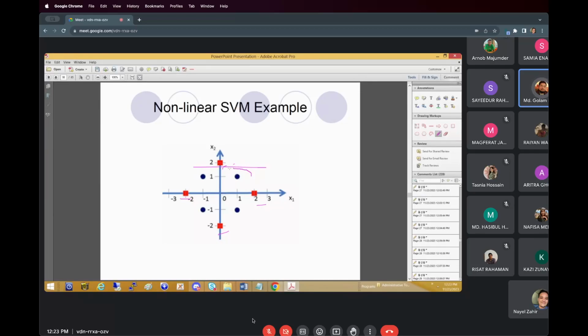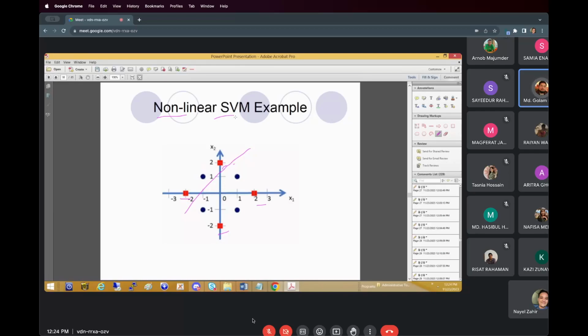So we can draw a curve instead to select the positives from the negatives, considering the blue circles as negative and the red squares as positive. We cannot draw a line to separate all positives and negatives. That's our nonlinear SVM problem.